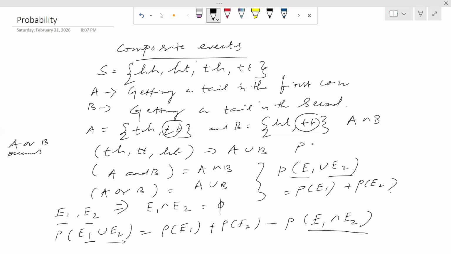So probability of E1 intersection E2 will be probability of phi, or it will be 0. Okay. So similarly, you can expand also. Now let us do an example and then we will see.